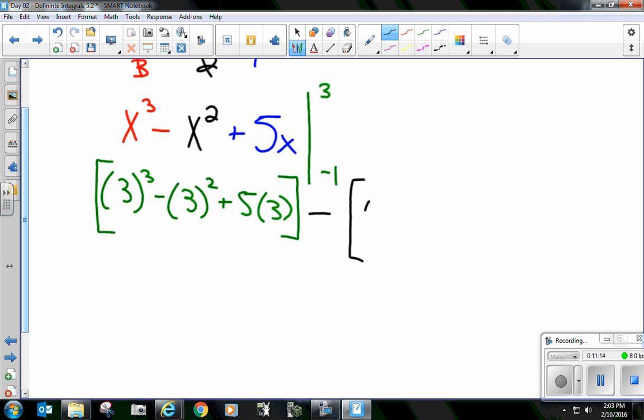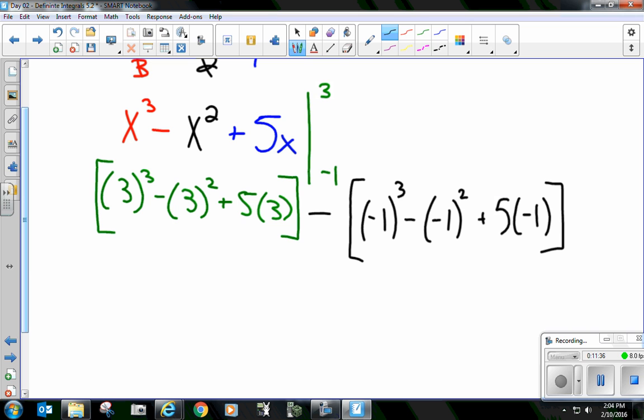So I've got -1 cubed minus, and here's where the issue comes, minus a -1 squared. Some of you would have just taken a minus, put a 1, and made it a +1. That would have been the issue. -1 squared is positive, but you're subtracting that +1 here. Plus 5 times -1. I want you to get in the habit of doing this.